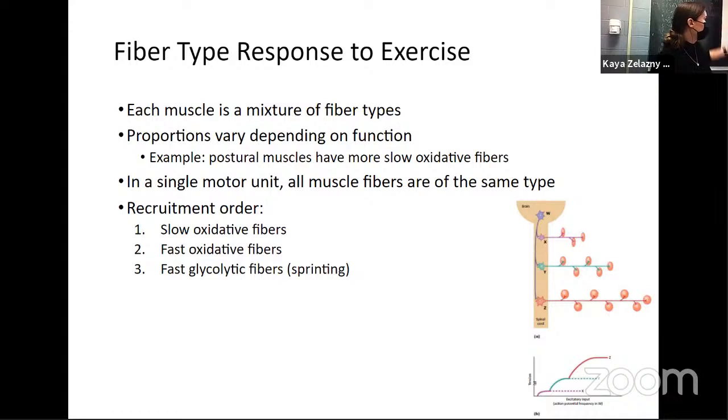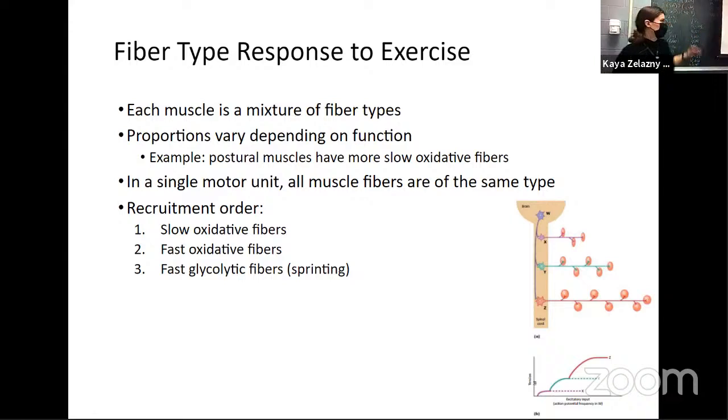And it's fine if they need oxygen. We don't need to have big diameter, strong fibers, so it's fine if they have little skinny fibers that are adapted for oxygen. However, a muscle is a mixture of fiber types, but when we're thinking about a motor unit within that muscle, each motor unit will just be doing one muscle fiber type.